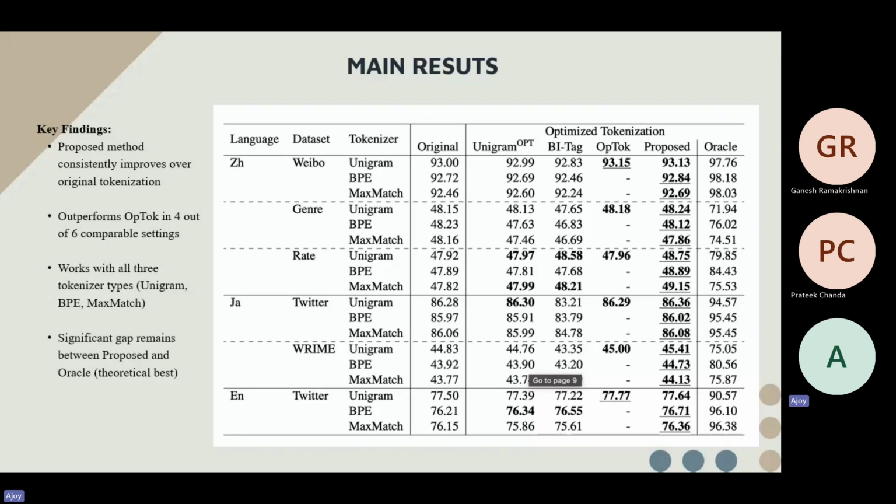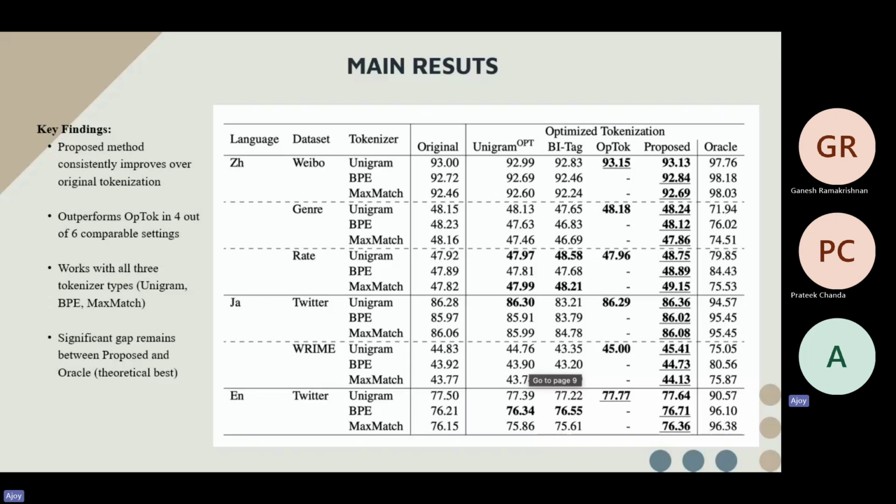The original one was showing 93, and then the proposed method showed 93.113, and you can compare it with the others also. Here, Optok was also performing well, but it is supported only for the unigram method and not the other ones. At the same time, Optok was computationally very expensive.